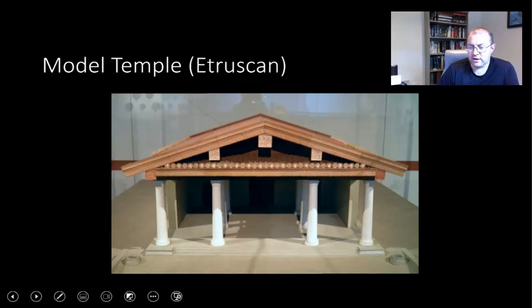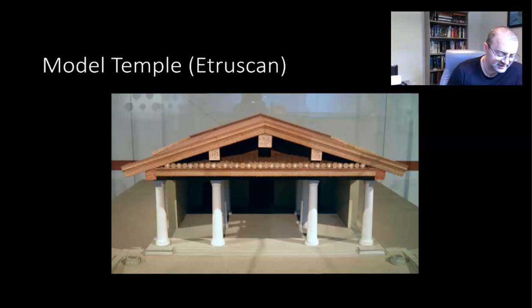With this one, I wanted to actually show you a roof, how it would look similar to a Greek temple. Like I said, this is an Etruscan temple. This is a model. But basically what we have here is the columns, and you can see that we do have kind of columns behind it. So we have colonnades that are holding up the roof. Over here we've got more of a wall proper.